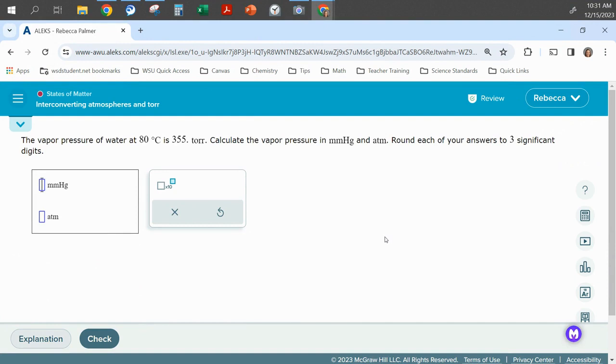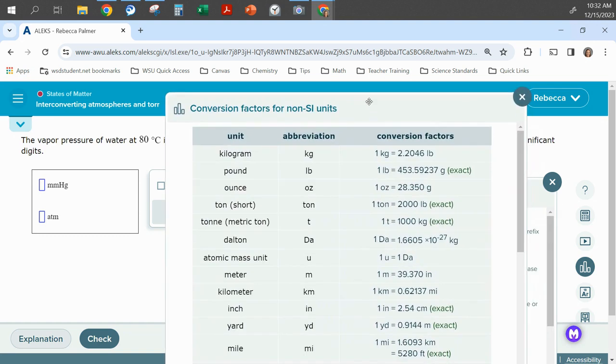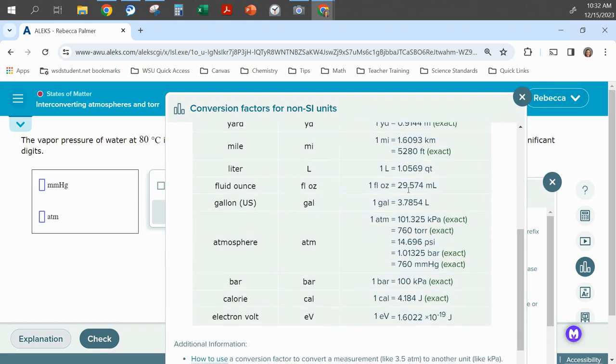This is the first one we're going to go over, interconverting pressure and torr. In Alex, if you go to the data, and then the fourth data topic down, conversion factors for non-SI units, if we scroll to this big section down here, it has these conversions listed. I would probably still put these on my note card.